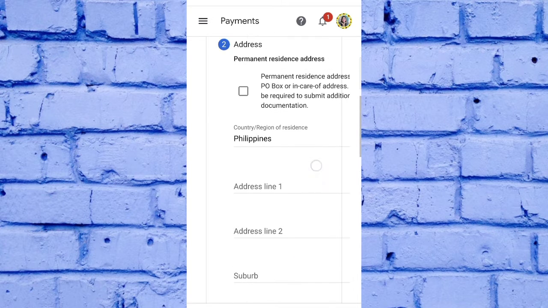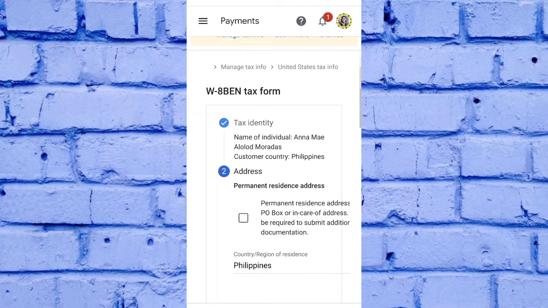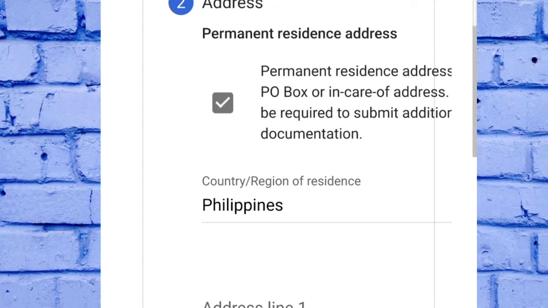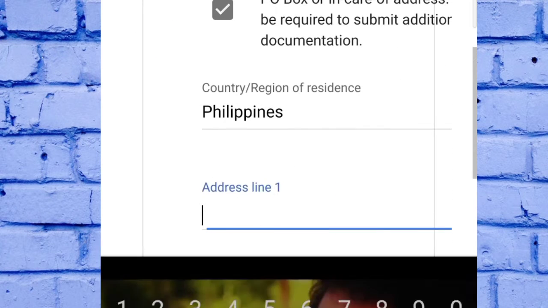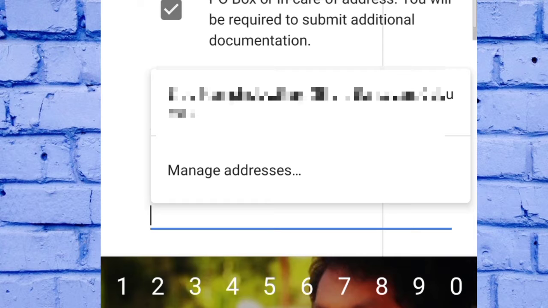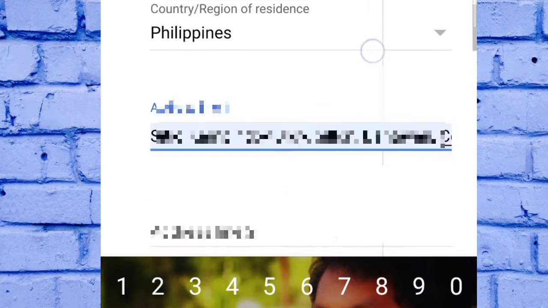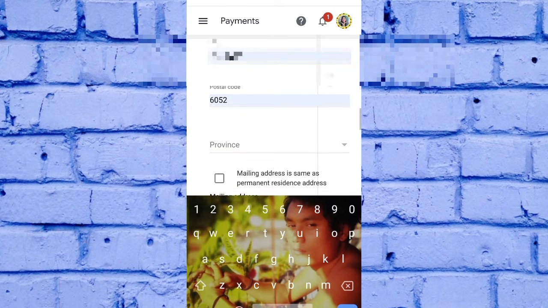Ito, sa address na tayo. So, check natin itong permanent resident address sa Philippines. So, I will put my first address. Ito yung nasa itong address. So, ayan.